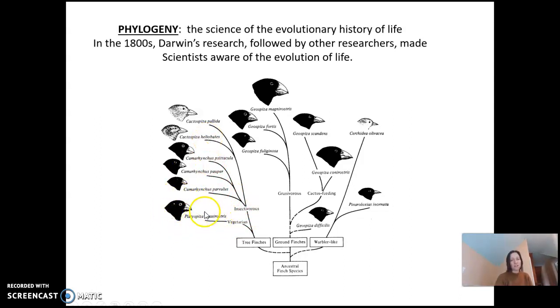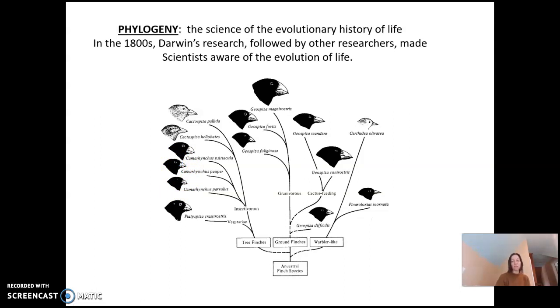So this species is vegetarian. These all like insects, but they have different shaped beaks and different shaped heads, and these have different colors. So they have developed over time differences that allow them to be reproductively isolated. So this species doesn't breed with this species. This species, even though it's close to this one, doesn't breed with that species.